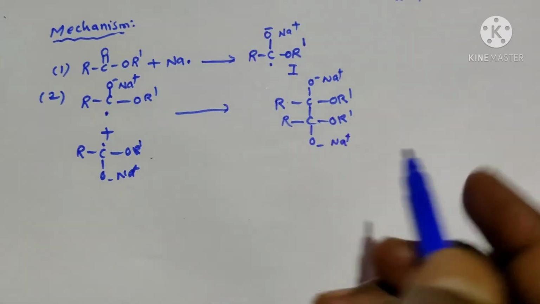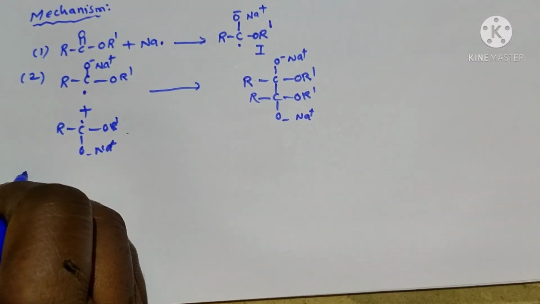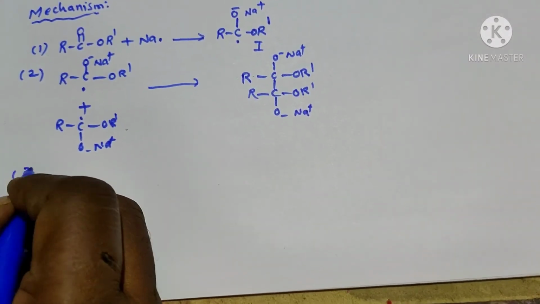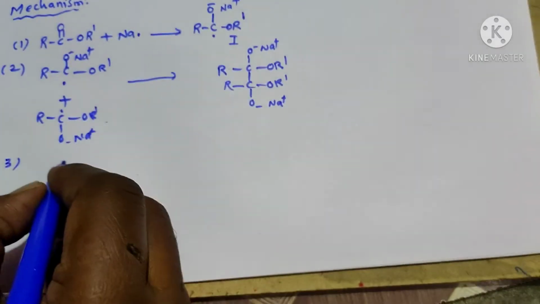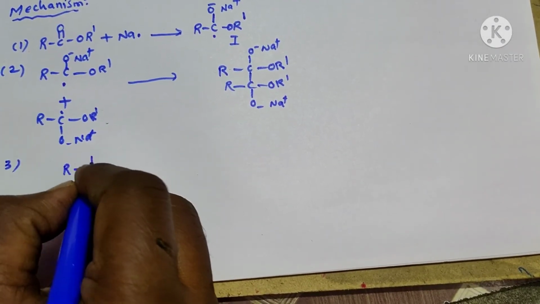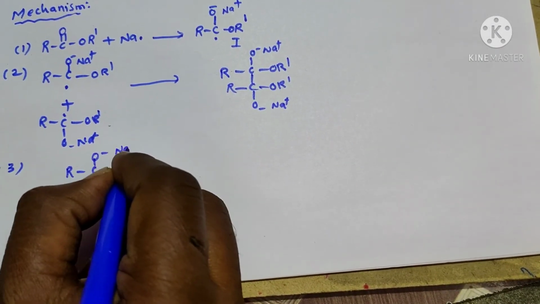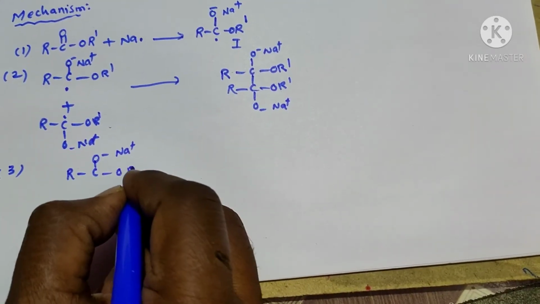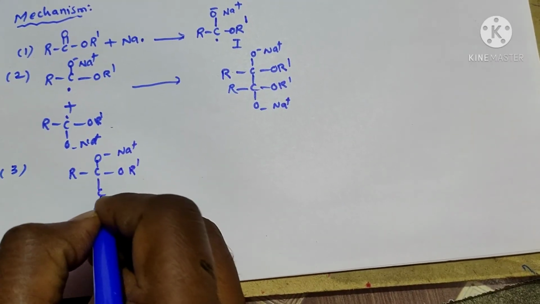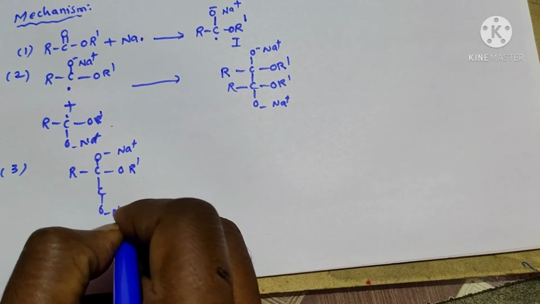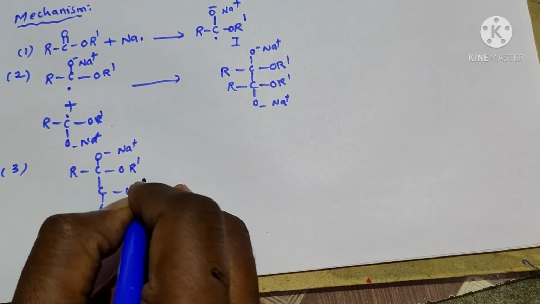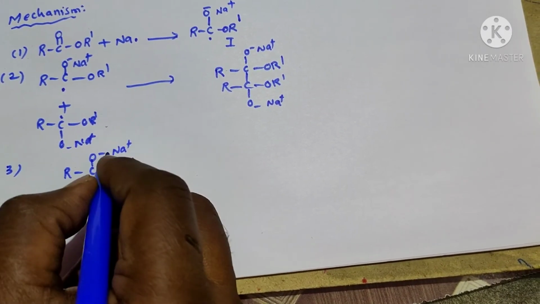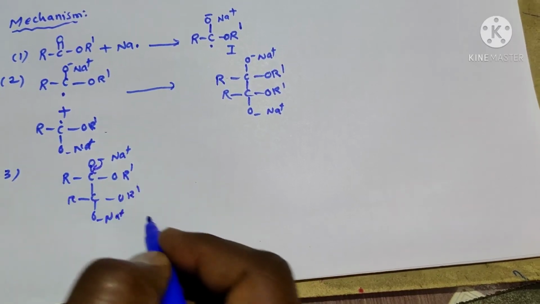In the next step, what happens is these dimers lose alkoxide molecules. So look here, this electron pair shifts here.